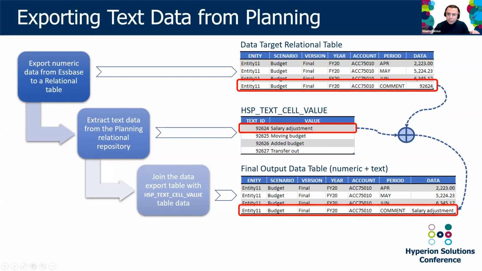So we can make a reference to this table, select all the members that are tagged as text in Planning, and join those with this table, and we get a nice result, a new table where we have the numeric data combined with text data.